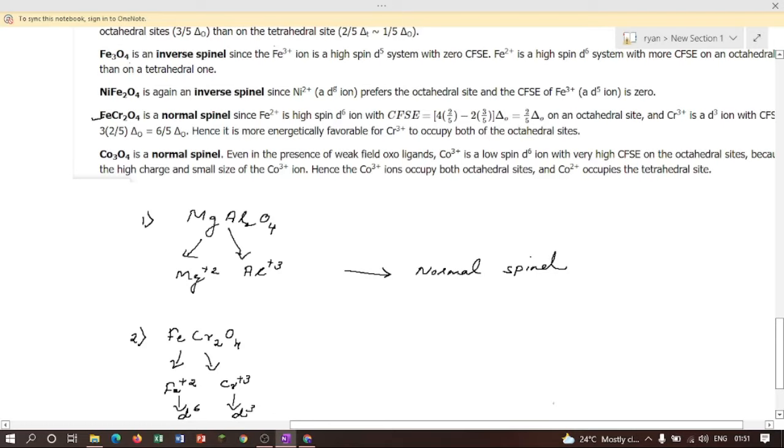We know that d3 and d8 configurations have the highest crystal field stabilization energy and prefer the octahedral void.